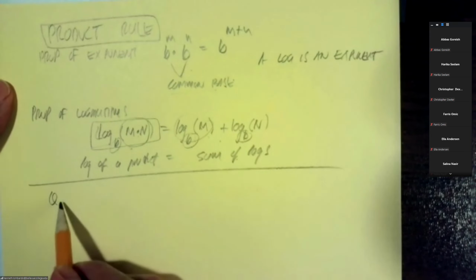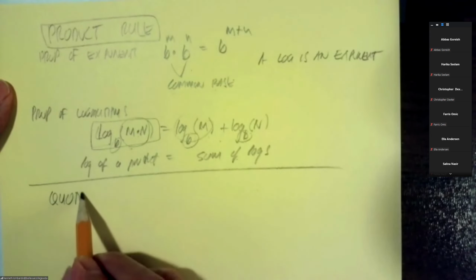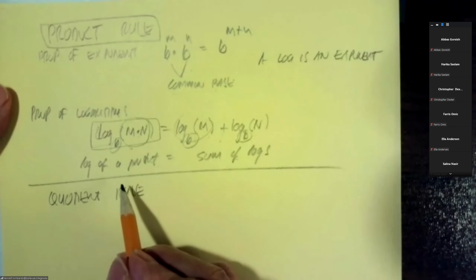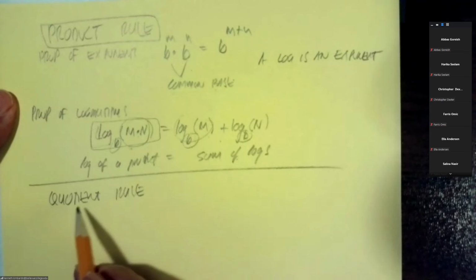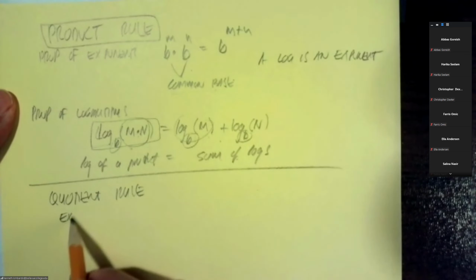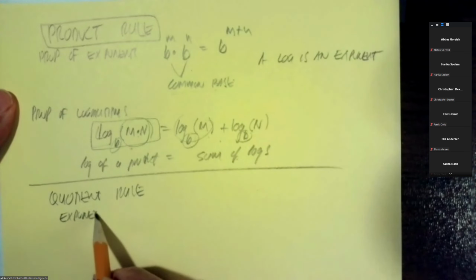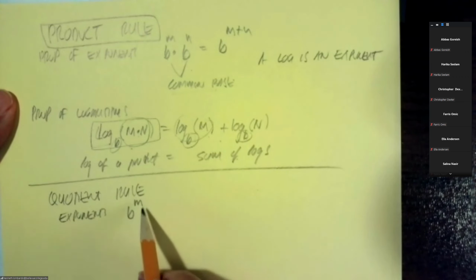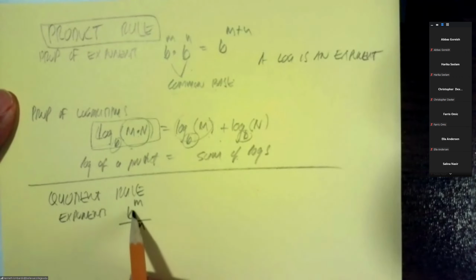We also have a quotient rule. And when we came to exponents, we said that b to the m divided by b to the n, that gives us a quotient, doesn't it? And again, common base.